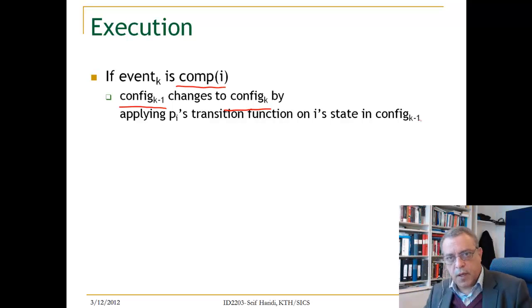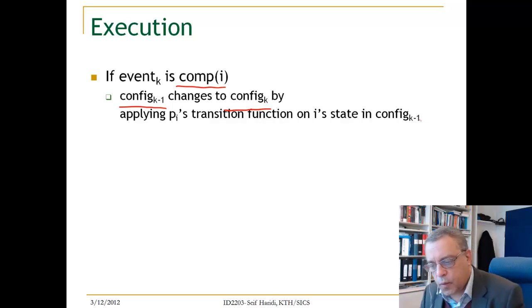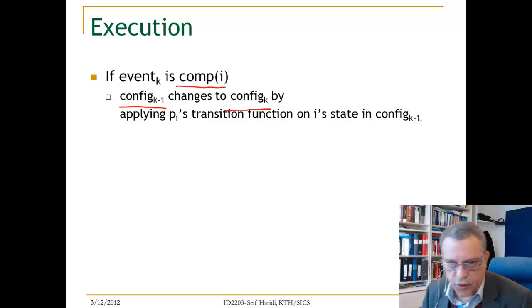So after performing a computation event, only the state of node i will change. Possibly one message is removed from the input buffer, the local variables are transformed, and some messages are added to the output buffer of that node. The states of all other nodes are not changed.